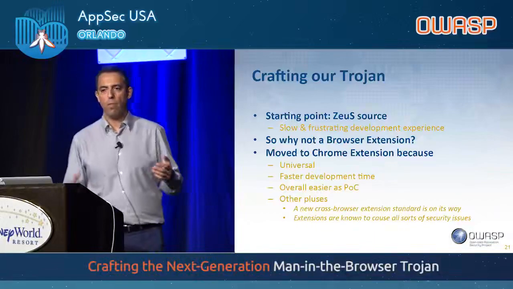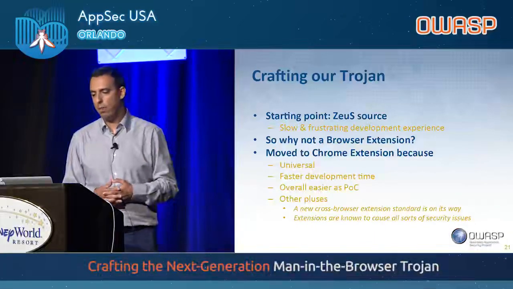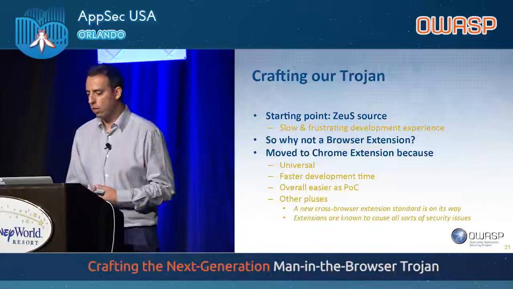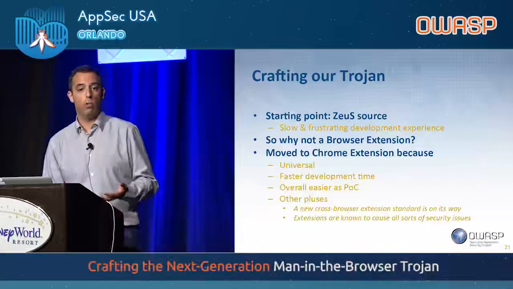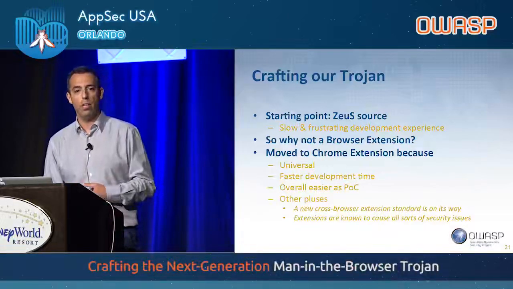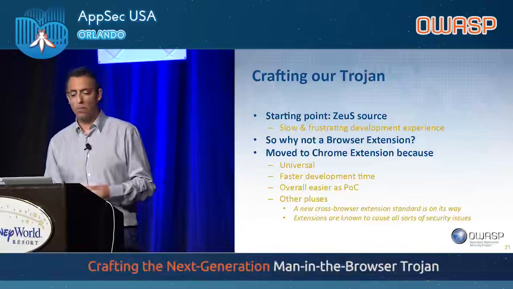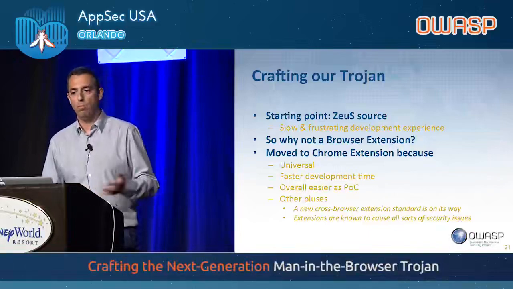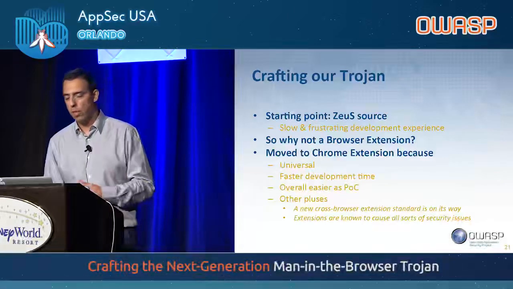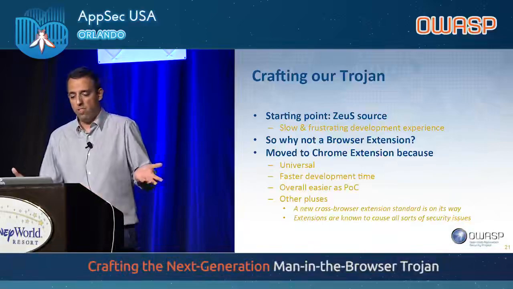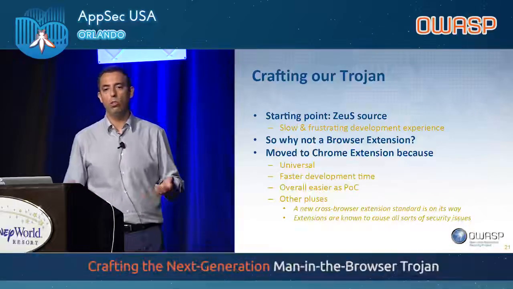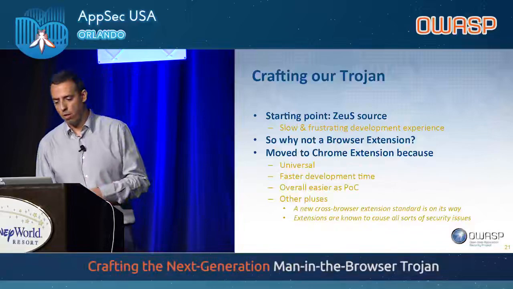So after thinking about it, we decided to move to a Chrome extension, because it's universal, so it works in every operating system. It's not just restricted to Windows. It's faster to develop, and of course we love JavaScript. And it was just overall easier to do as a proof of concept.